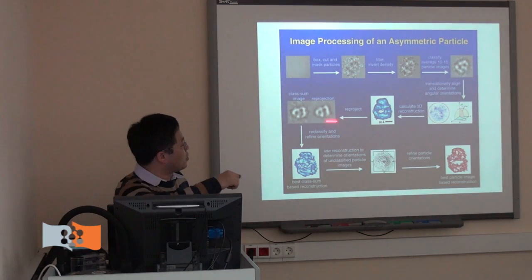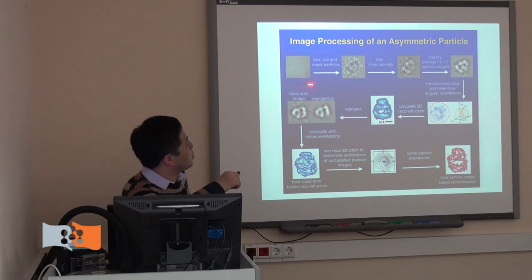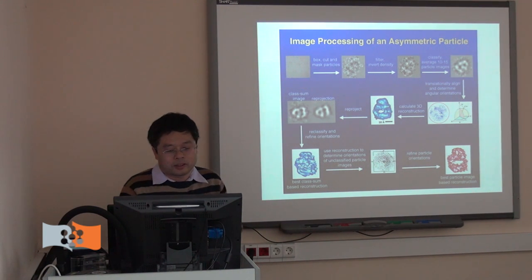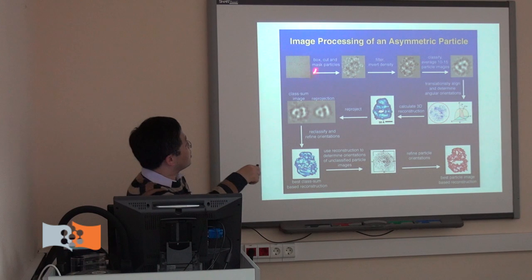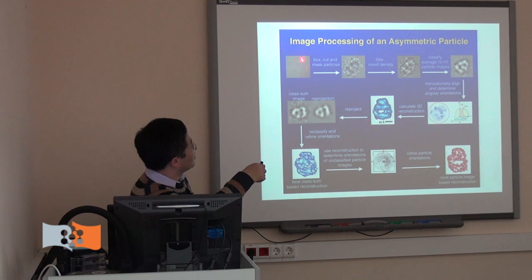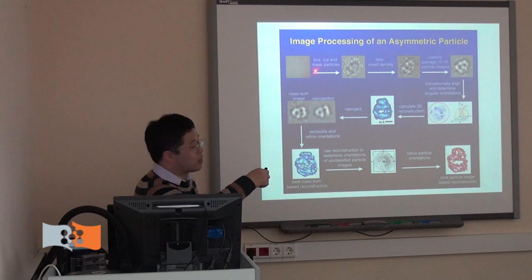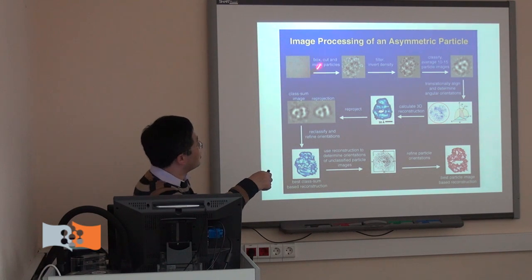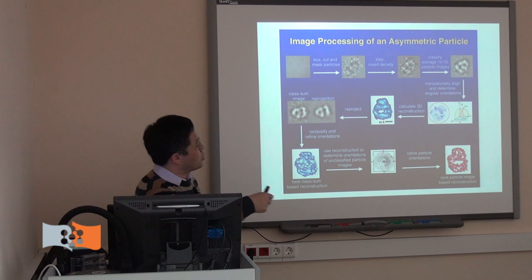This is a whole overview of how we do the single particle analysis. Basically, you get the cryo-EM pictures. Then you box the particles out. We get a lot of particles, which we call single particles. Then we try to align them together to get the class averages.